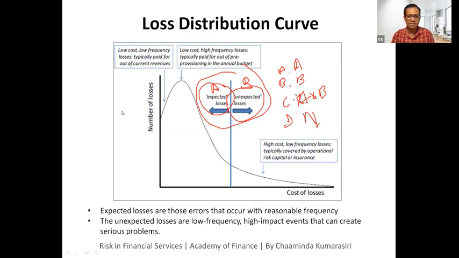Risk has two elements. You have the likelihood, you have the impact, the financial amount or the probability. So if it is mitigation, either the financial amount should come down or the likelihood should come down, right?